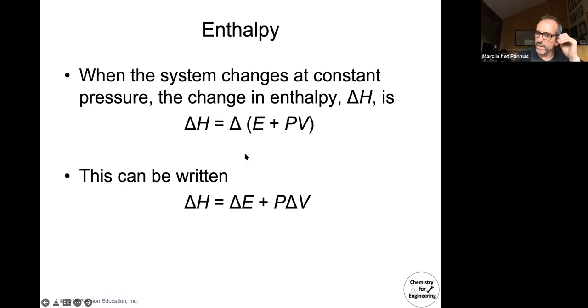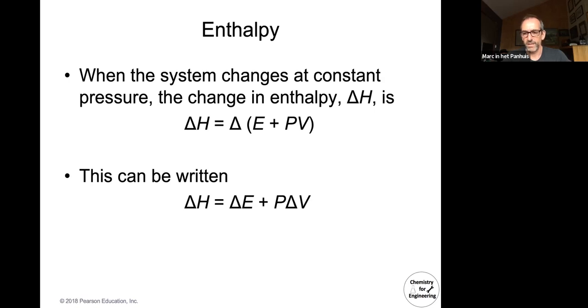So if we then continue and look at what happens when we do constant pressure, the change in enthalpy is usually given by the change in the internal energy plus the change in the product of P and V, which, if we assume constant pressure, reduces to delta H equals delta E plus P times delta V. If we are not at constant pressure, then we would also have a delta P times V product in here.